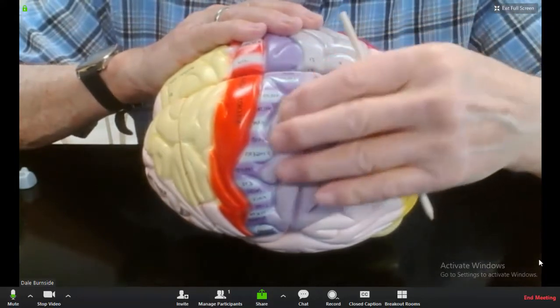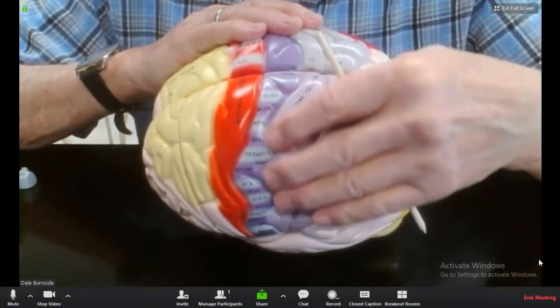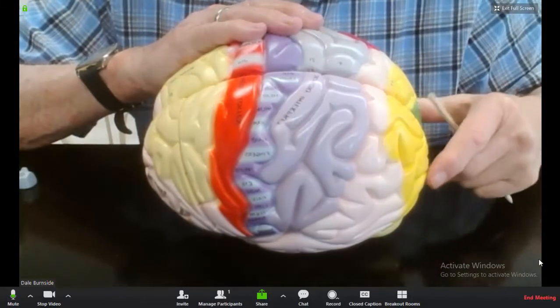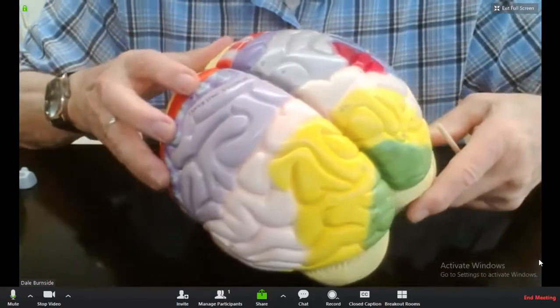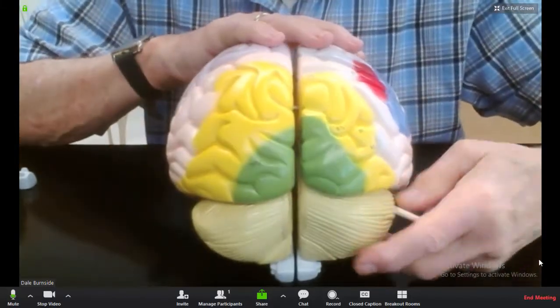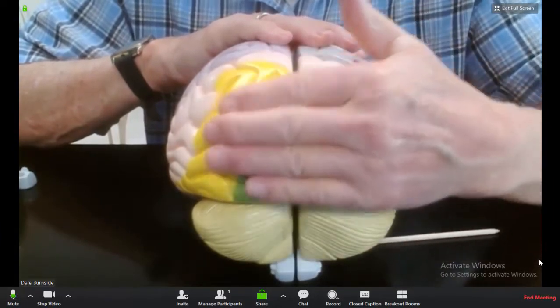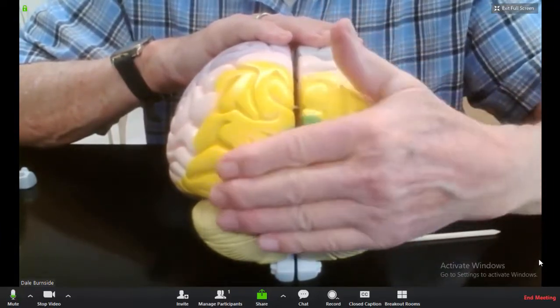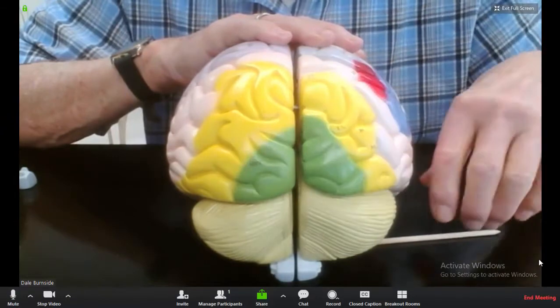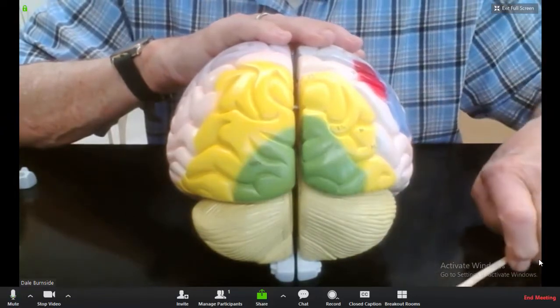You can see the parietal lobe is kind of this purpley color. It's below the parietal bones. Then if we turn the skull back this way, we'll see the occipital lobe, and the occipital lobe is concerned with vision.